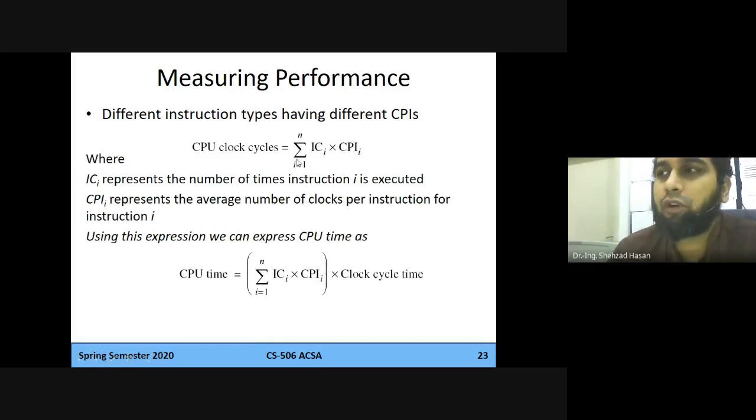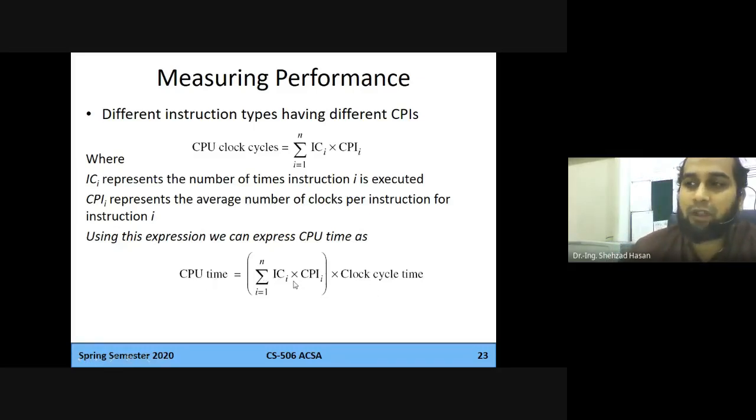If you do all of that, you're going to get the total CPU cycles. And if you put that in the previous formula, you get the CPU time, the total time that we want to find out. So this is another way to find the CPU time.